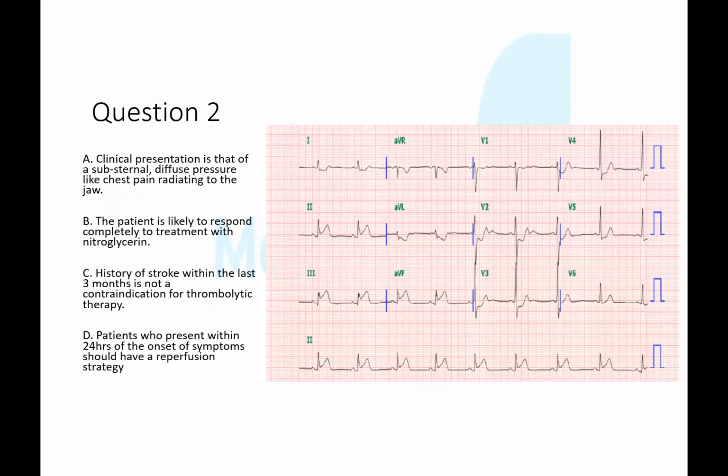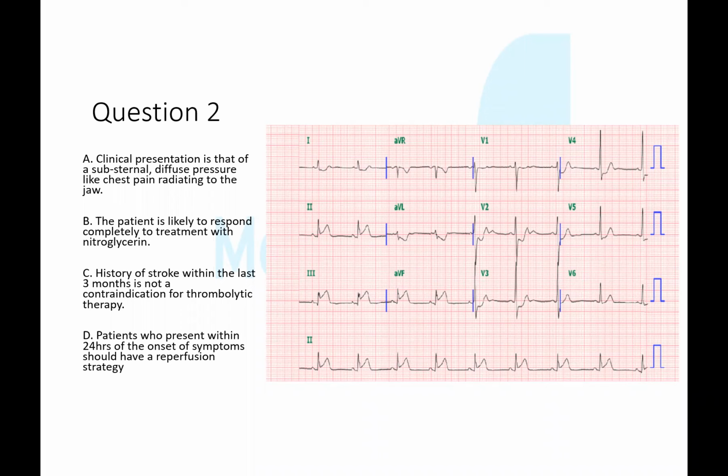After 3 months, you probably want to wait and see. So we should actually check that up. I think it is a contraindication, and you may not need to thrombolyze because of the risk of bleeding. You can convert an ischemic stroke to a hemorrhagic one, what we call hemorrhagic conversion. So we probably do not want to give thrombolytic therapy.